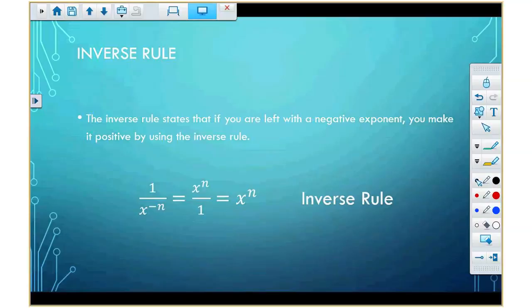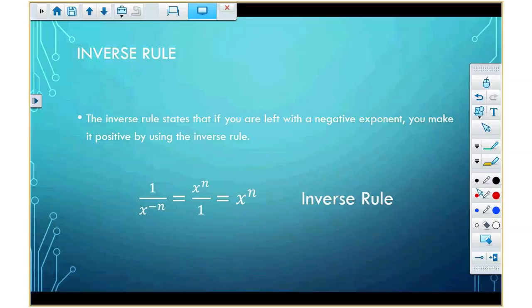Like in this problem, we're given 1 over x to the negative n. So this is a fraction because I have a 1 on top of it. If I flip it, then it becomes x to the n over 1. As soon as you bring that x to the negative n upstairs, it changes to x to the n.